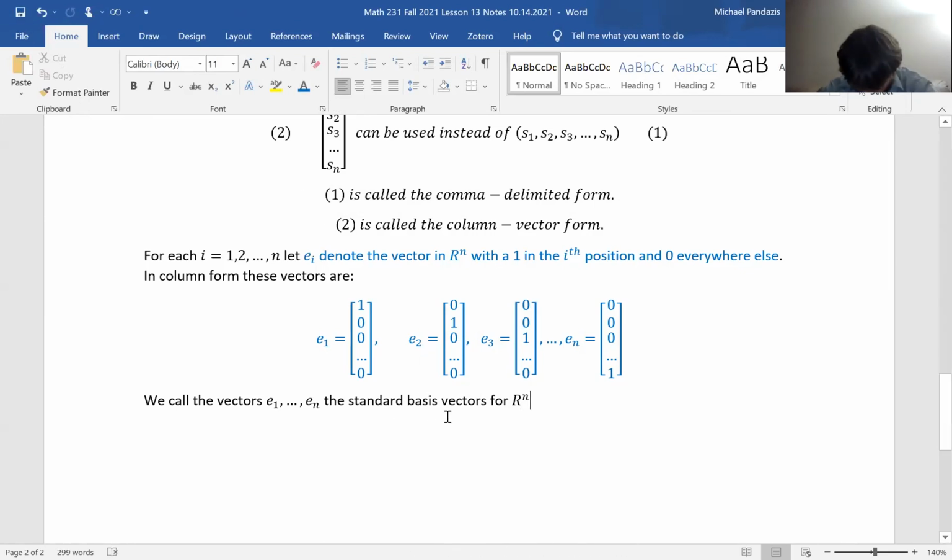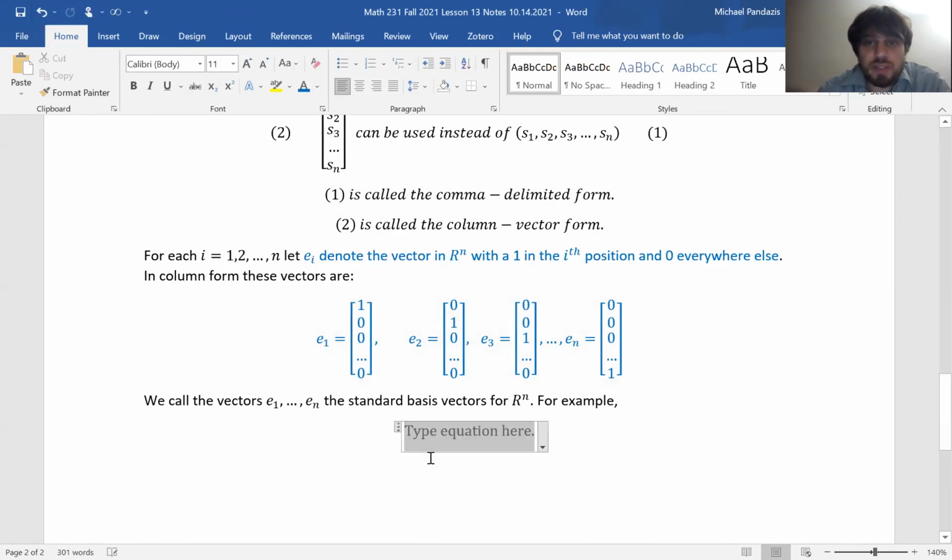So they're each standard basis vectors for Rn, and all of them, e1 to en, make up the standard basis vectors for Rn.